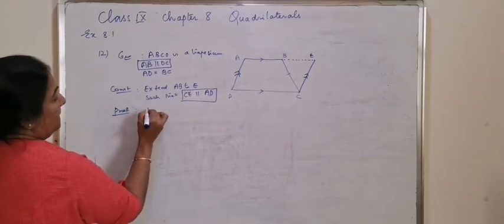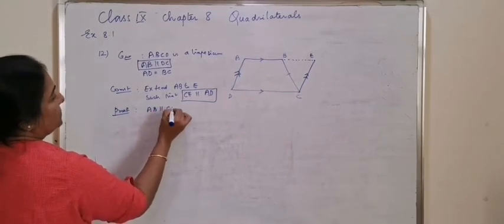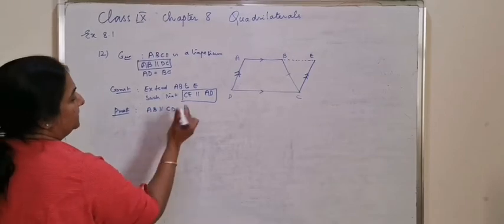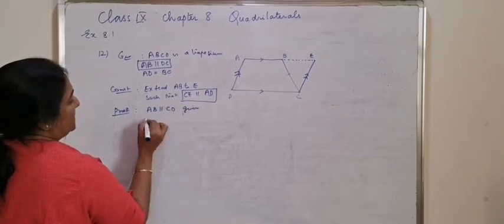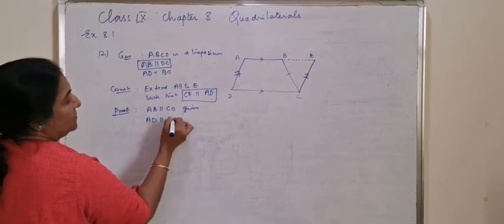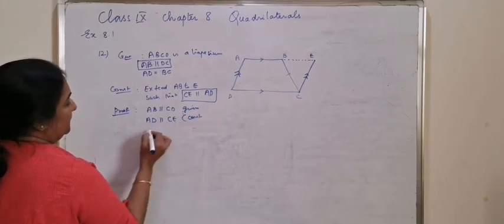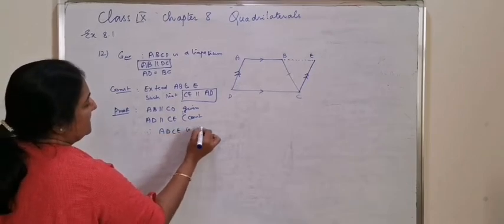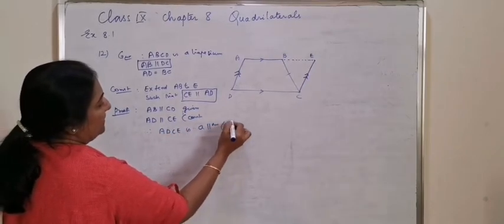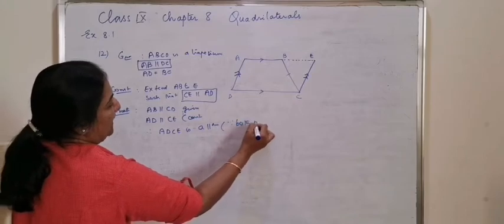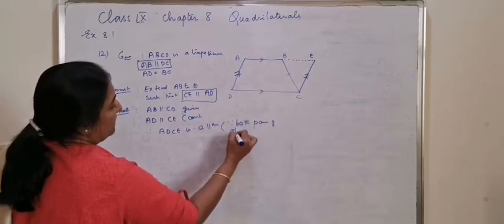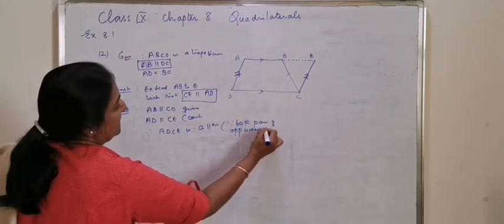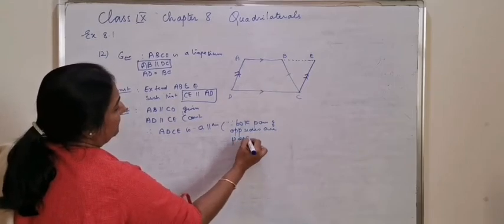Proof: AB parallel to CD given, as well as AD parallel to CE by construction. Therefore, ADCE is a parallelogram since both pairs of opposite sides are parallel.